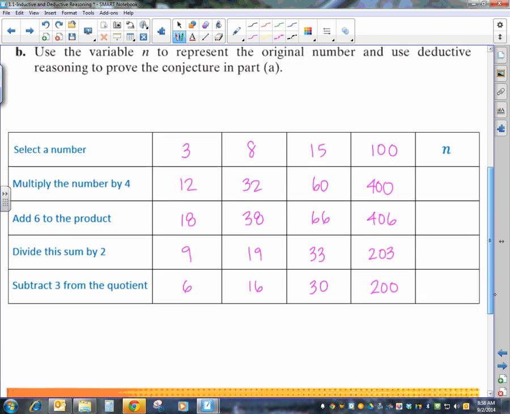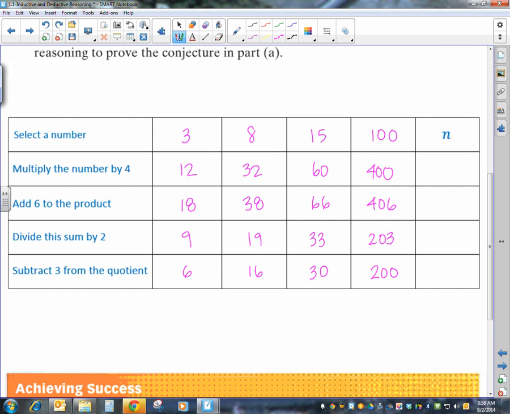So they're asking us to make a conjecture from this beginning number to this ending number. I started with 3, I ended with 6. I started with 8, I ended with 16. If I started with 15, I ended with 30. And 100, I ended up with 200.